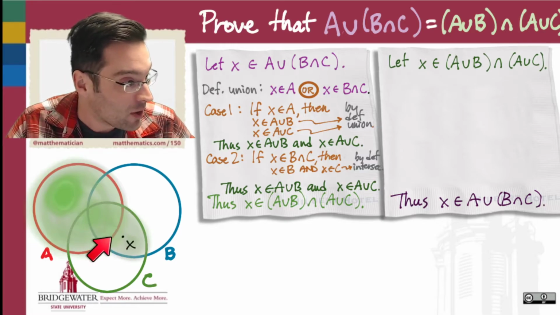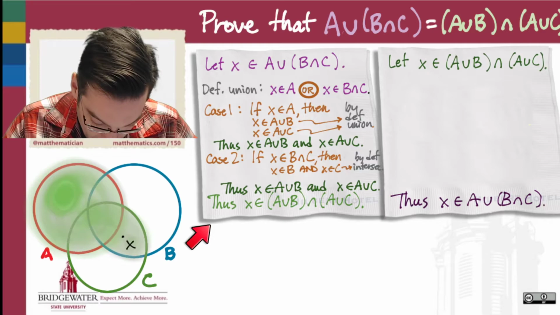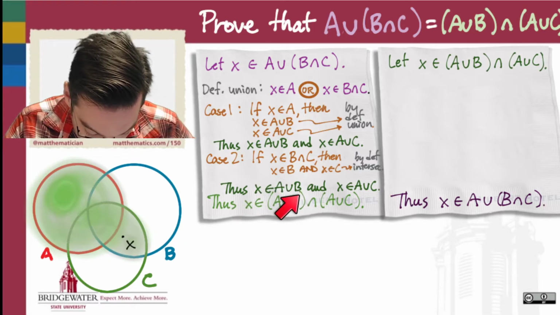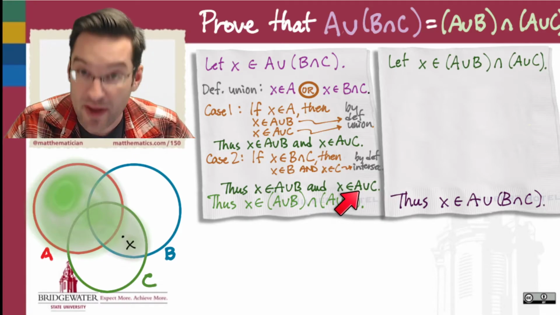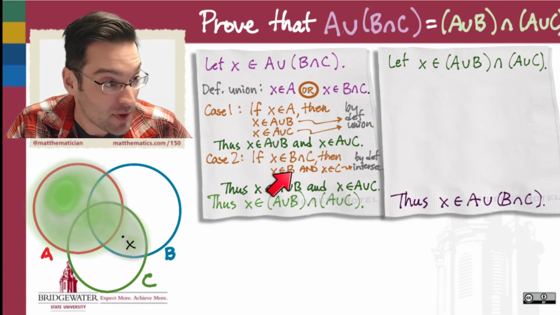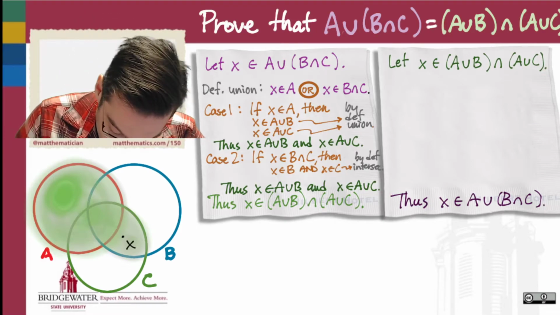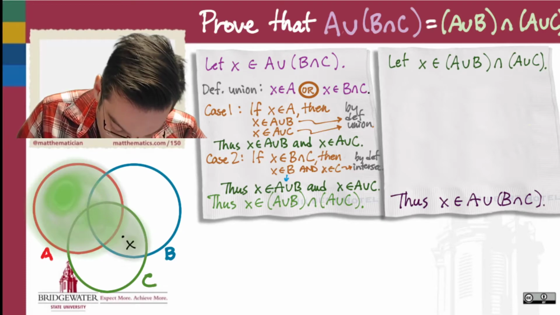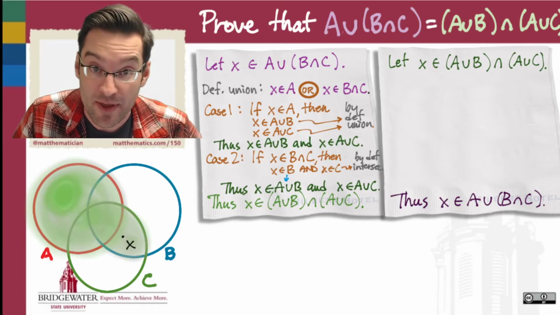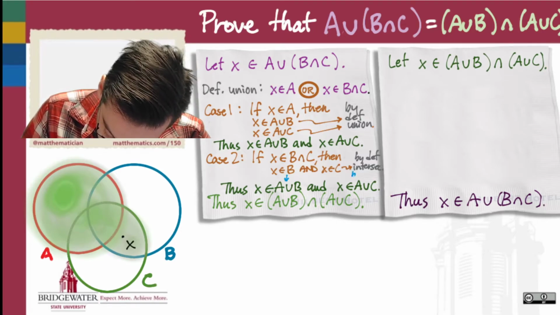That's how we know that we can locate X somewhere here in my Venn diagram. Okay, but what is my burden of proof? I need to show that X belongs to the union of B with A and also to the union of C with A. And we know that X belongs to B and X belongs to C. Well, what is that definition? If I know that X belongs to B, how do I know that it belongs to the union of B with A? By the definition of union.